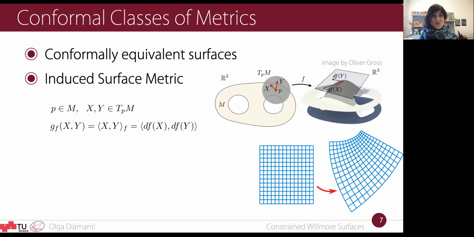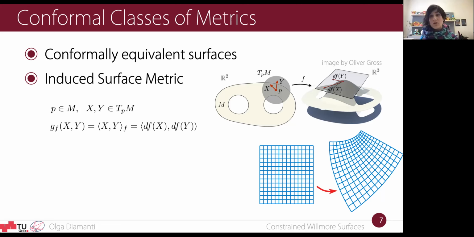Okay, so right, classes of metrics. So a metric, as probably all of you know, is a symmetric positive definite bilinear form. So we have these tangent vectors x and y on the manifold, and we have this choice of imposing a metric.